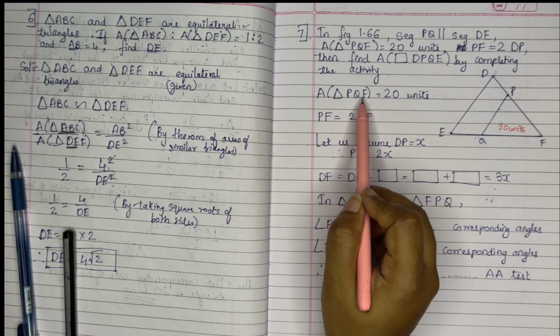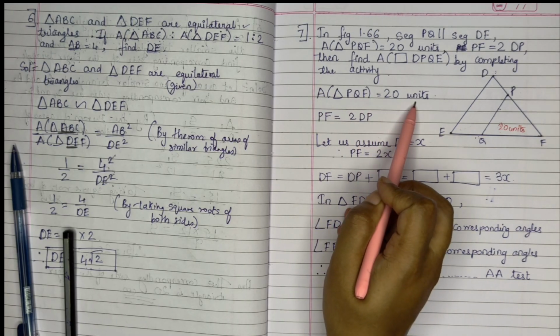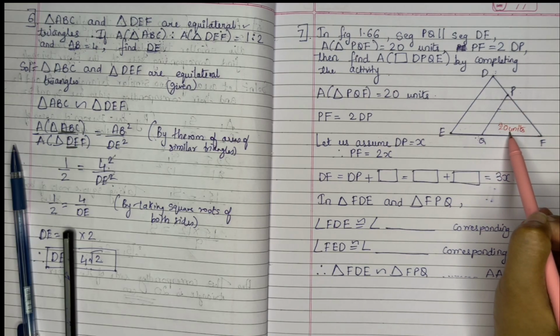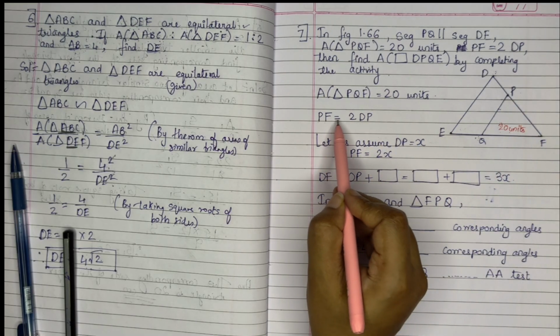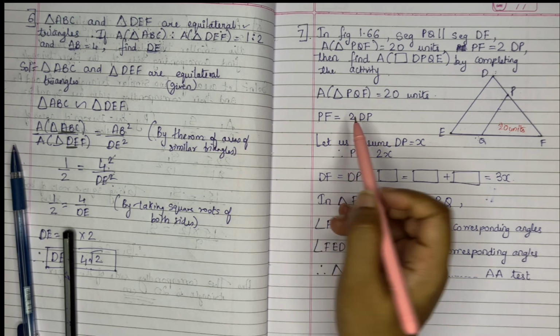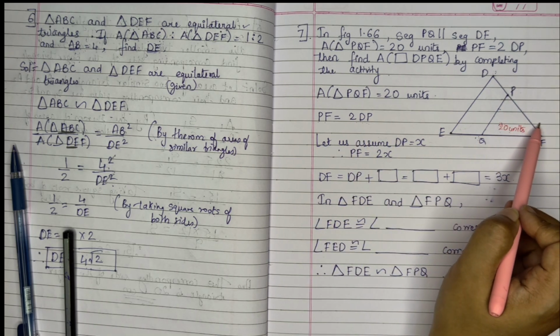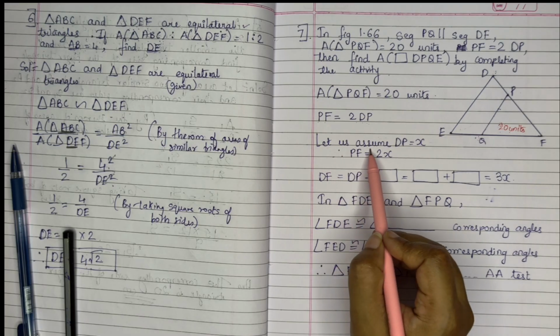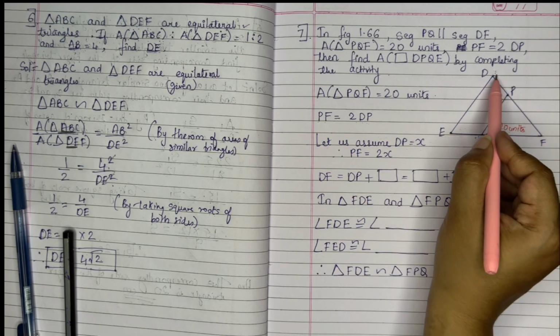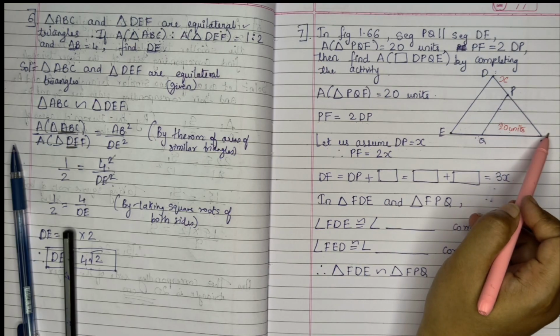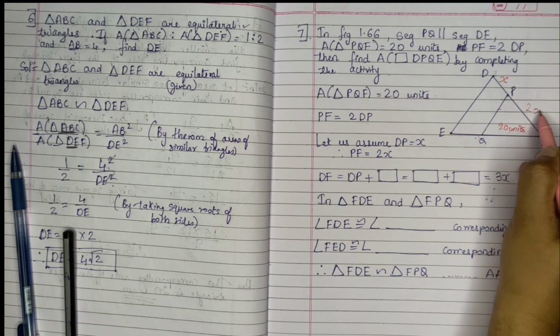Area of triangle PQF is equal to 20 units. This is given here. PF is equal to 2 times DP, which means it is double. Now let us assume DP is equal to X. So PF is double, that means it will be 2X.